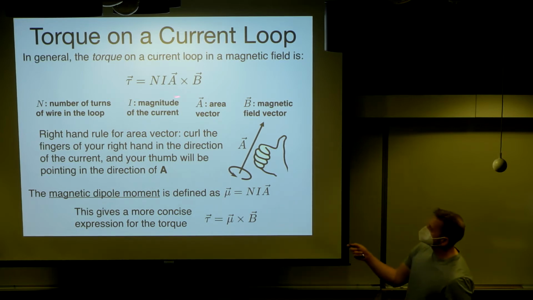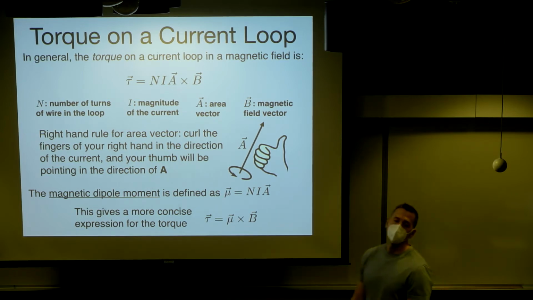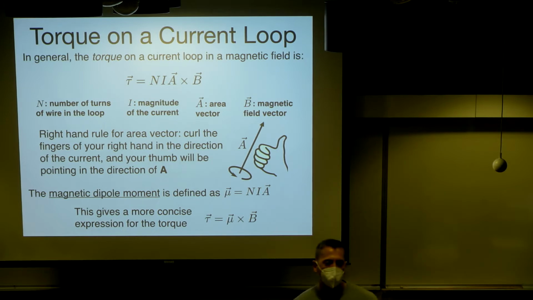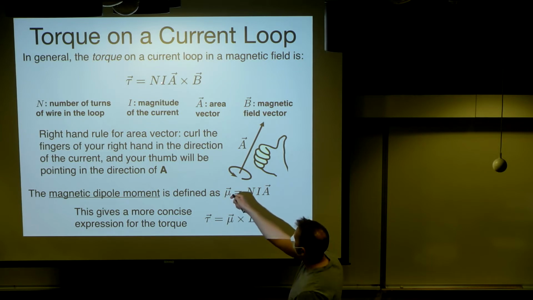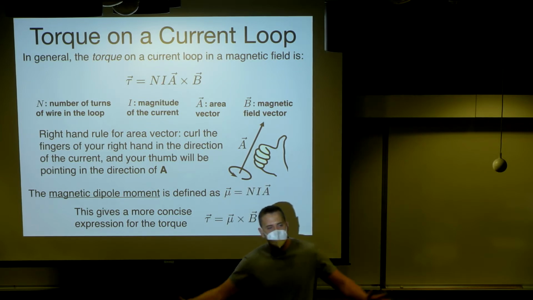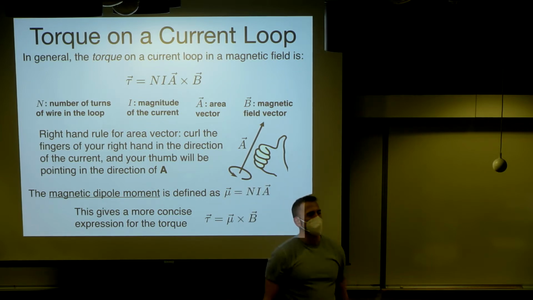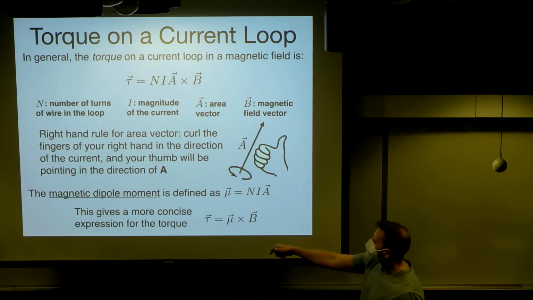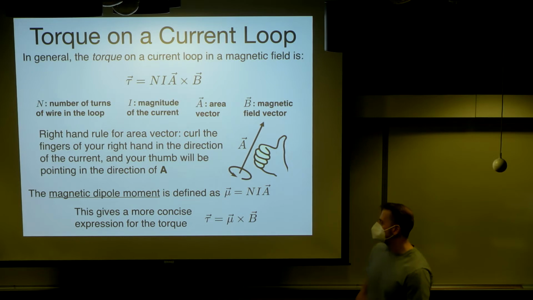And sometimes we try to write this in an even more compact way. There's nothing really special about this next move I'm going to make. It's just to take this n times I times A thing and combine it into one term. We call this thing the magnetic dipole moment. This is going to come up in the next chapter.